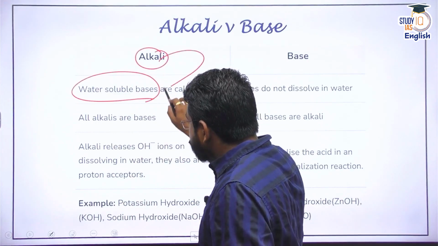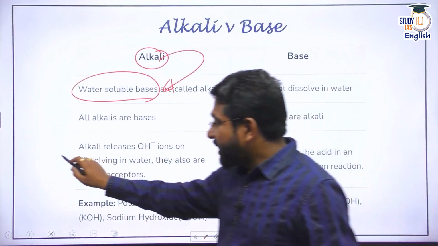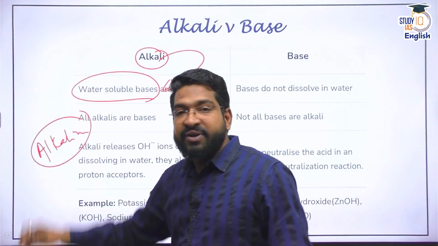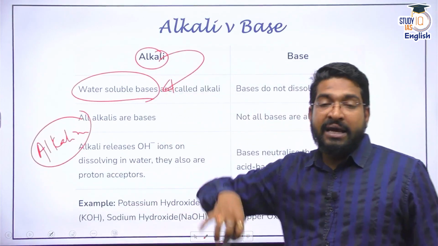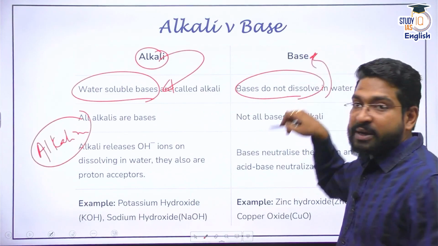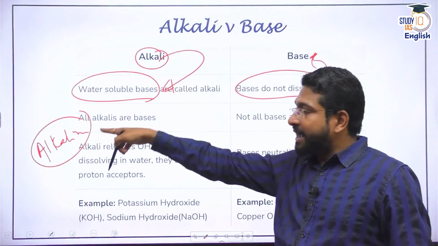An alkali is a base which is soluble in water. That's why the term alkaline is used. So the difference between a base and an alkali is just that if a base does not dissolve in water, it remains a base, and if a base dissolves in water, it is called an alkali, and that becomes an alkaline solution.